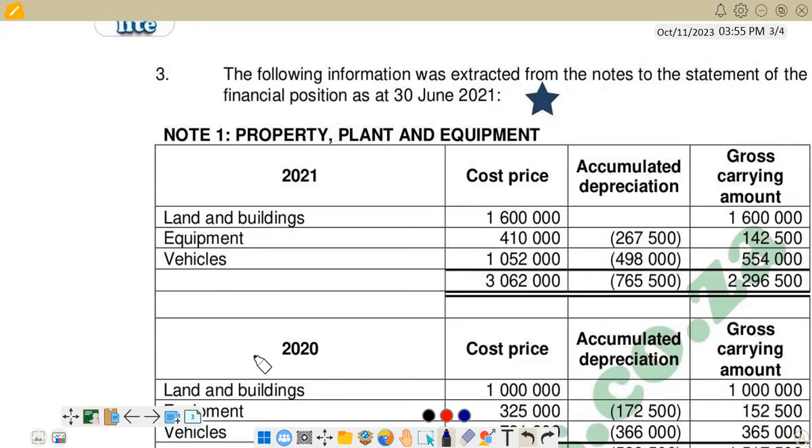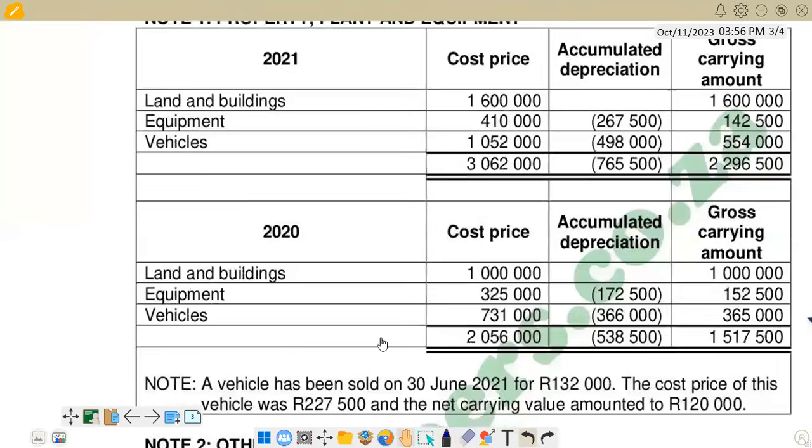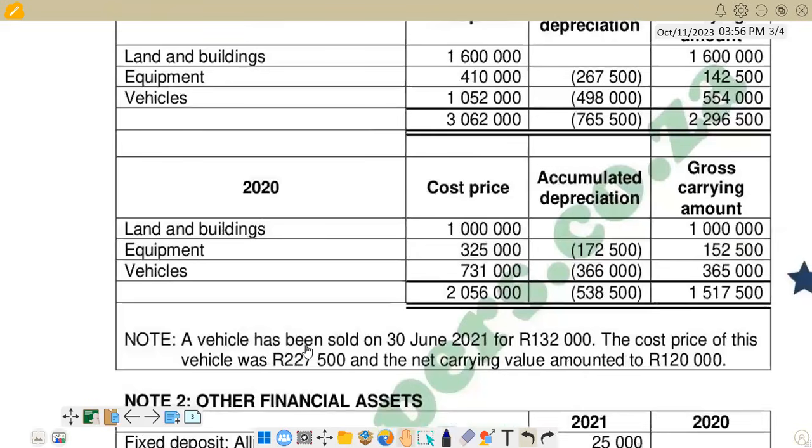So we need to see what they are saying about the calculation of that. We've got that note here. A vehicle has been sold on 30 June 2021 for 132,000. The cost price of this vehicle was 227,500, and the net carrying amount amounted to 120,000. So you only have one vehicle which was sold, so it's going to affect the depreciation for vehicles.